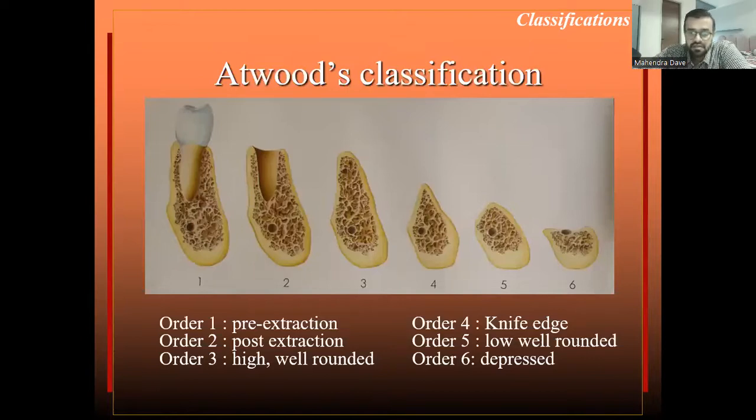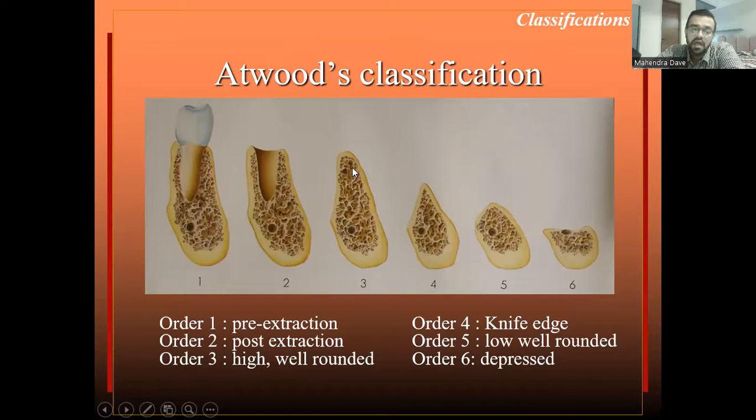Another classification is given by Atwood. This is the most acceptable one. It gives 6 classes. Order 1 is the pre-extraction socket, in which the tooth is seen. Order 2 is the post-extraction, the tooth is removed, but there is a healing socket in this figure.